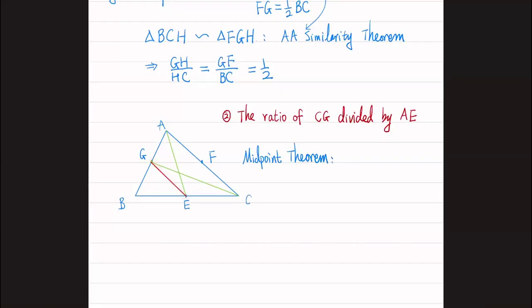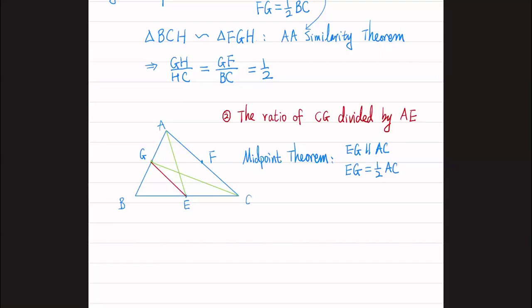It's parallel to AC. So EG is parallel to AC. Is there any extra information? The two triangles are similar. Okay, that will be the next step. So it's also half of AC, right?